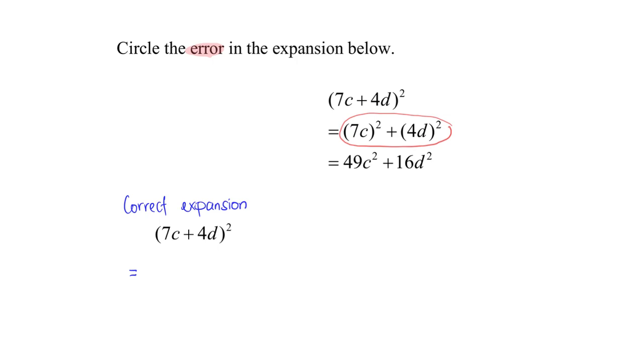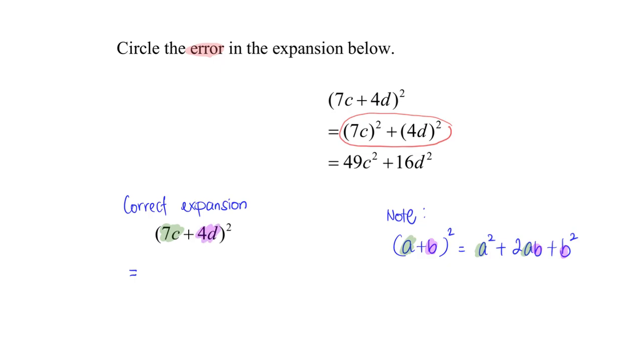Okay, I'm going to apply the formula neatly where I have (a plus b) squared, this algebraic result, a square plus 2ab plus b square. And usually I like to just make sure that you can see the a and the b clearly. So this will be my a and this will be my b.